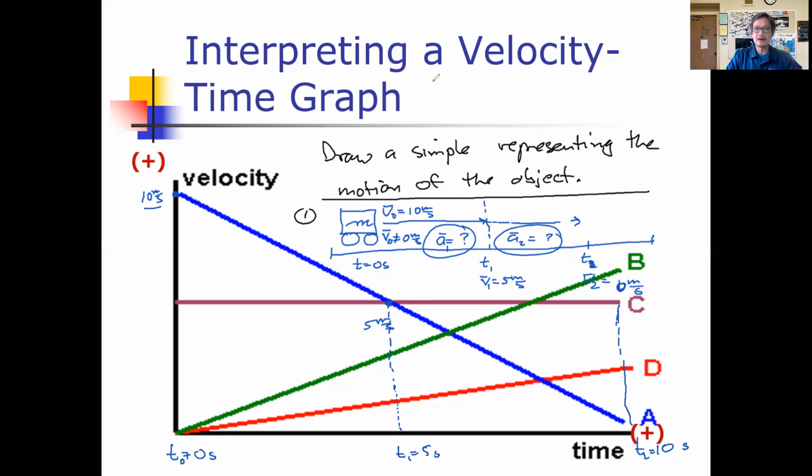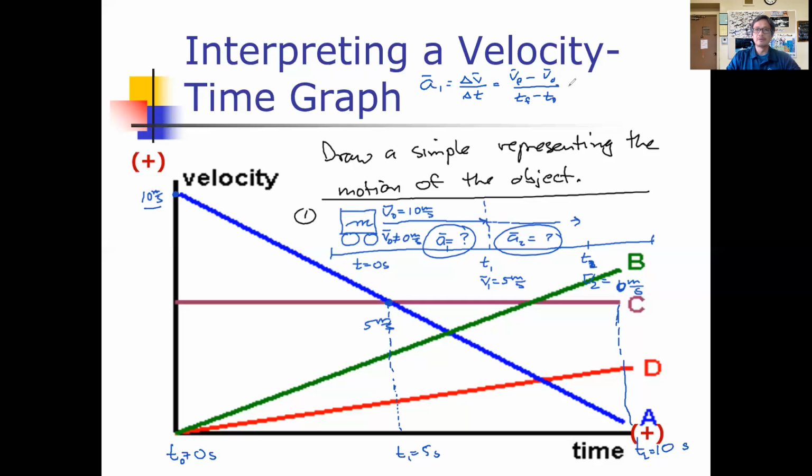And so we can calculate the acceleration, if we know the change in velocity over the change in time, which is v final minus v initial, the instantaneous velocity at time final and time initial.